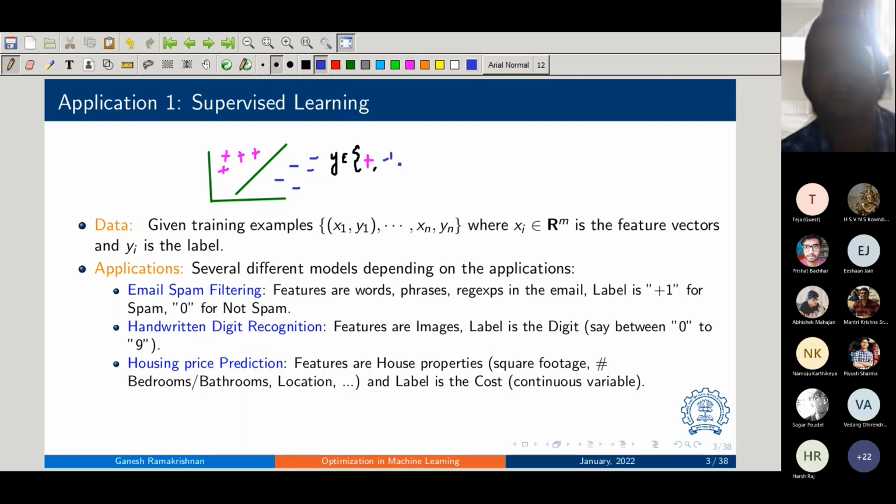As against regression, this is in classification. In regression, they're real valued. Minus 1 plus 1 or plus minus, both are equivalent.